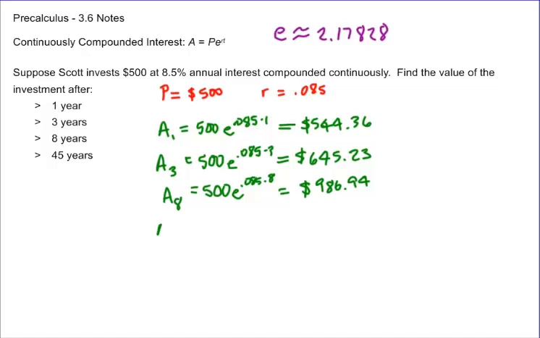Alright, what about after 45 years? And I'll just, again, show an alternate way of looking at this guy. We'll put the 45 in the parentheses. Again, same setup. Now we're going to multiply by 45.